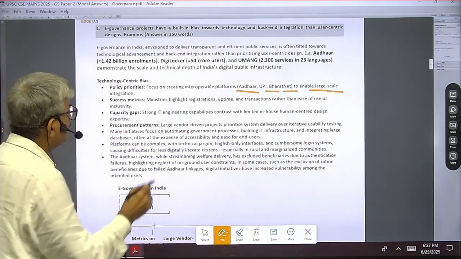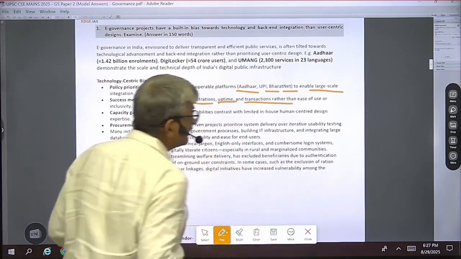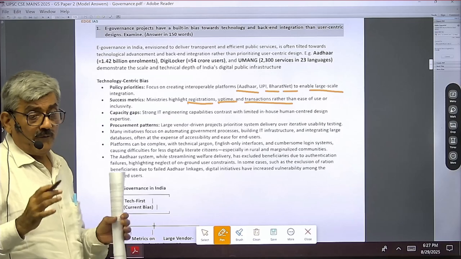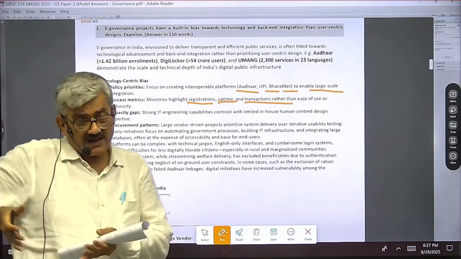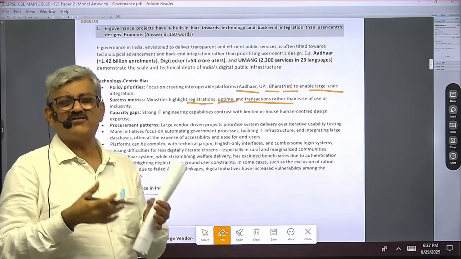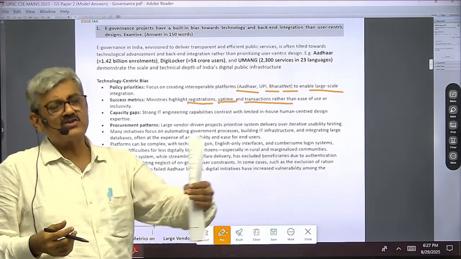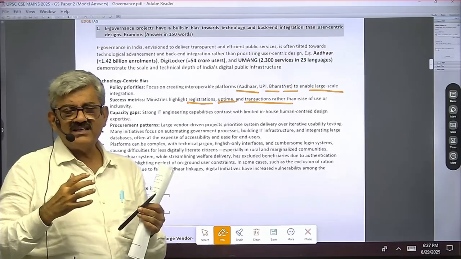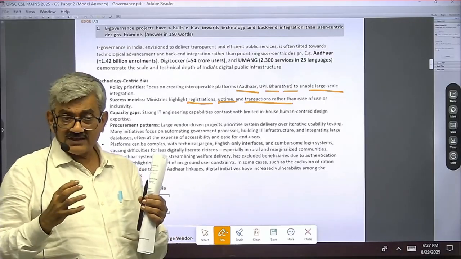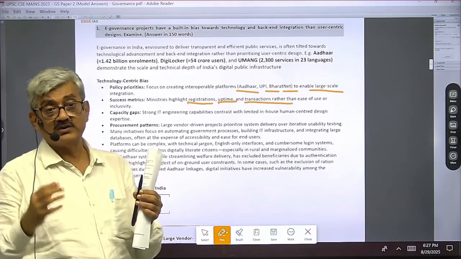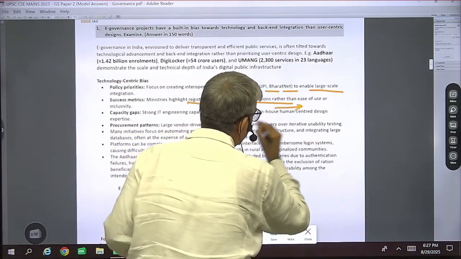Success metrics: ministries highlight the large number of registrations, uptime, and transactions rather than ease of use. We have been emphasizing the use part of it, but our journey towards ease of doing and using e-governance has not reached the extent where people are very friendly with them. I'm not saying that people are not using, they are, but yes, our journey is still a work in progress.